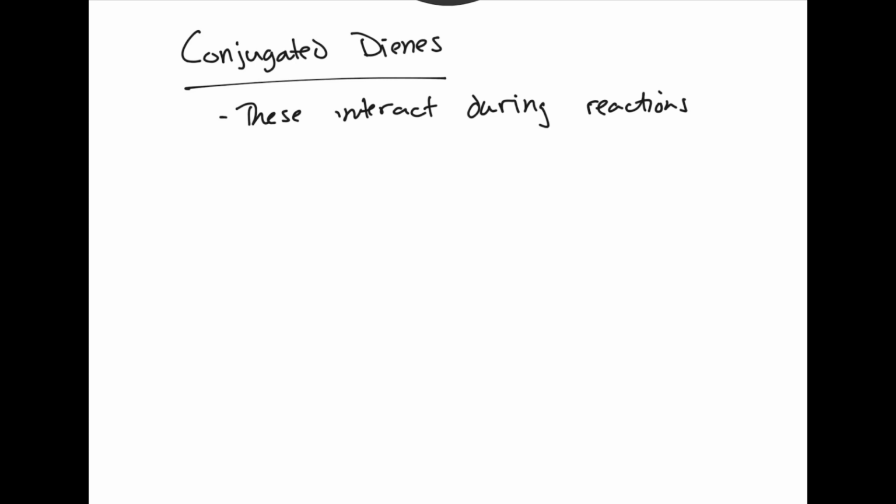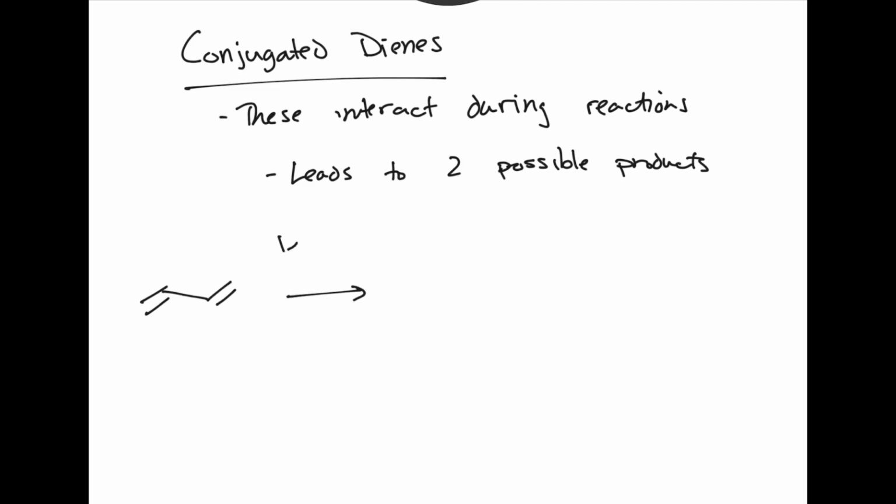They are going to interact during a reaction as well. This leads to two possible products. Right, so we have our diene, and one equivalent of HBr. We can get two products.